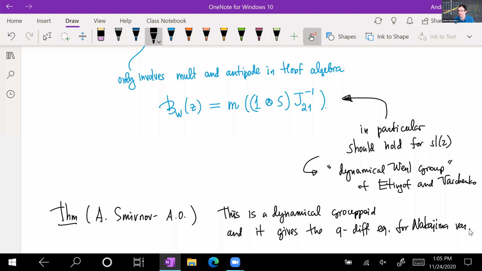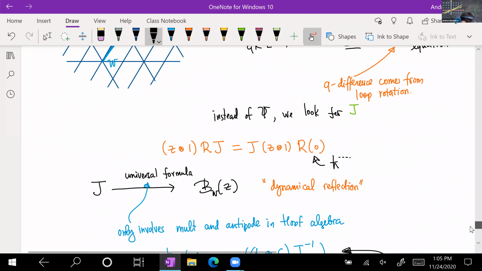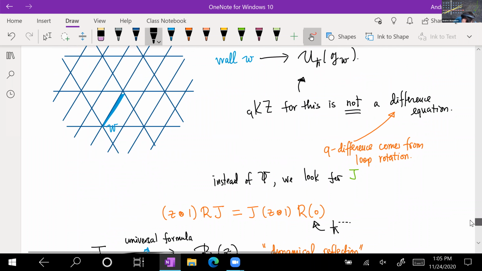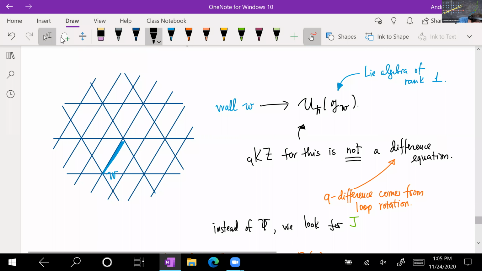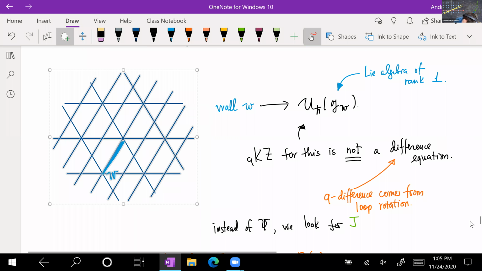Right. And so I'm going to say one word about how you prove it. Of course it takes like 100 pages to prove it, but the main idea is that you have, what do we have? This seems to be the most popular picture of the day.